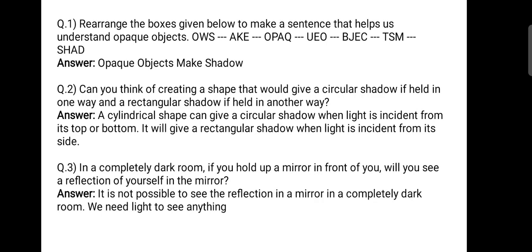We have taken a cylindrical shape of an object and it gives a circular shadow when the light falls on it. And it gives a rectangular shadow as we change the position of the object. So, draw that diagram. In shape and size of the shadow we have discussed it.